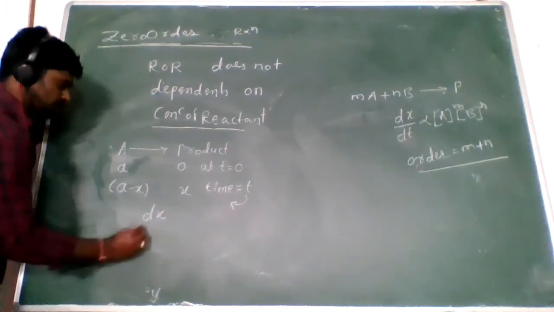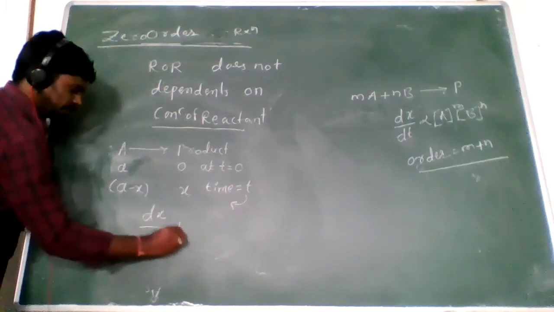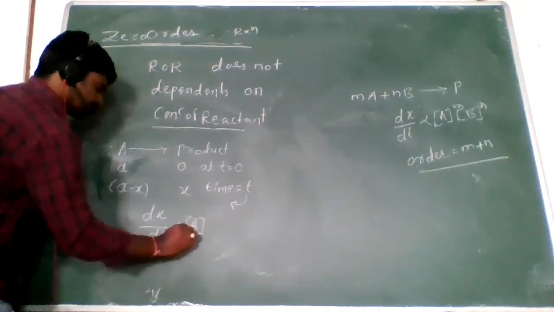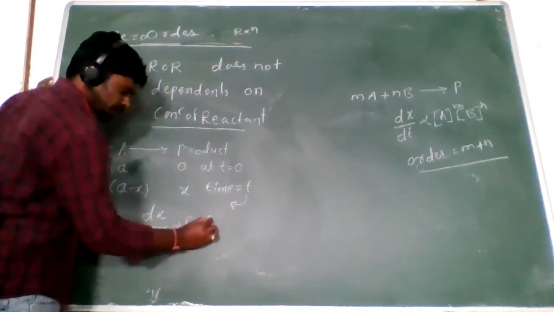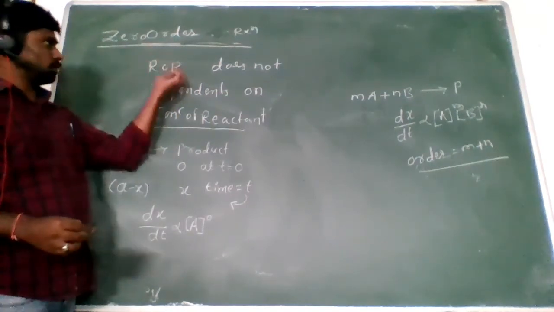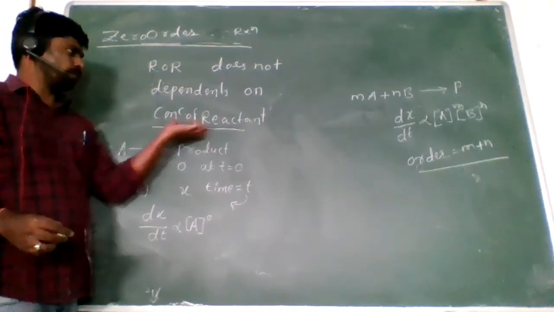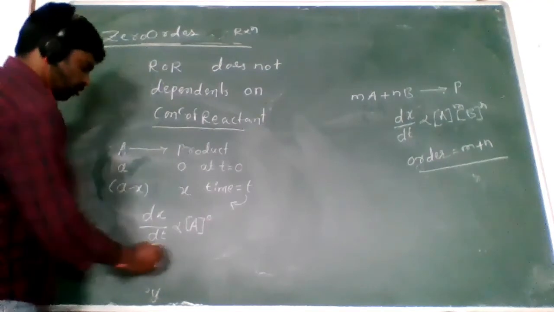I am applying the rate of reaction dx by dt directly proportional to A. Now, is the reactant concentration in zero order reactions a yes or no? In a zero order reaction, the rate of reaction does not depend on the concentration of the reactant. The concentration is 0. So how can we write that?